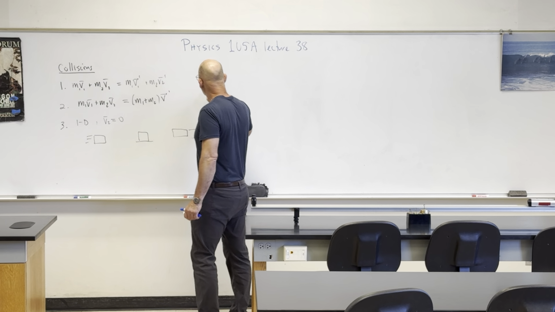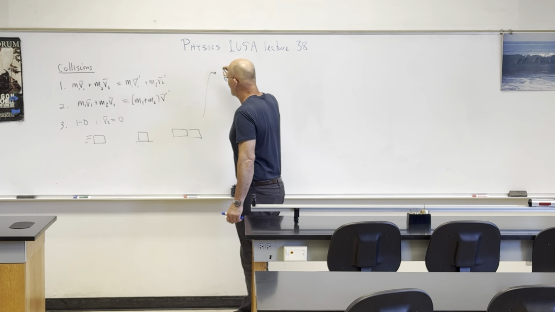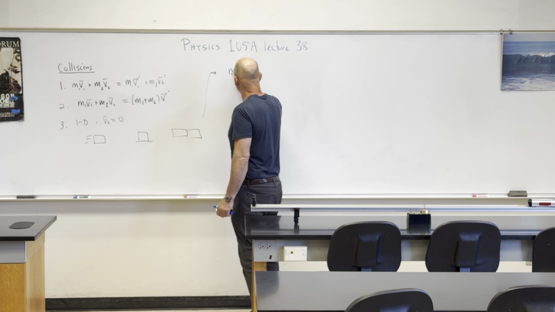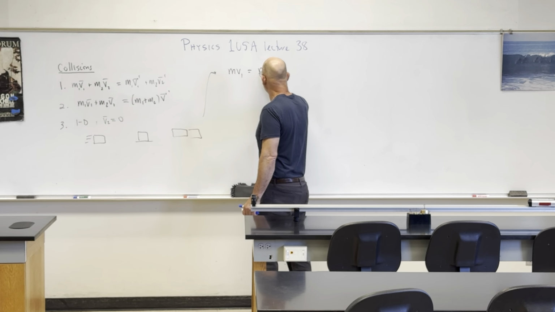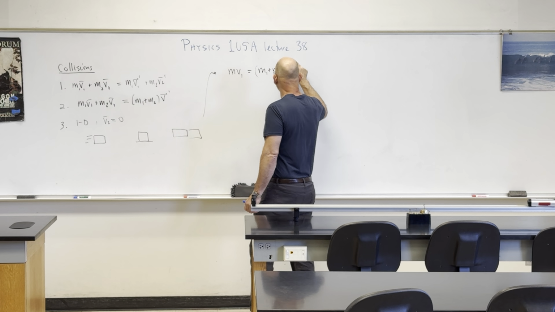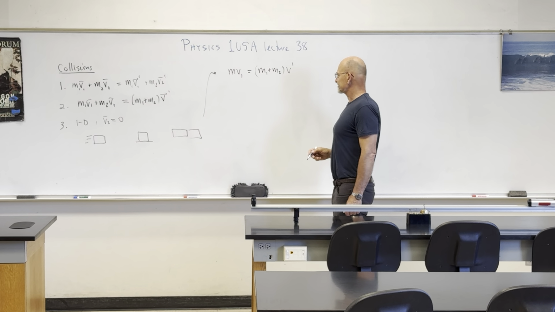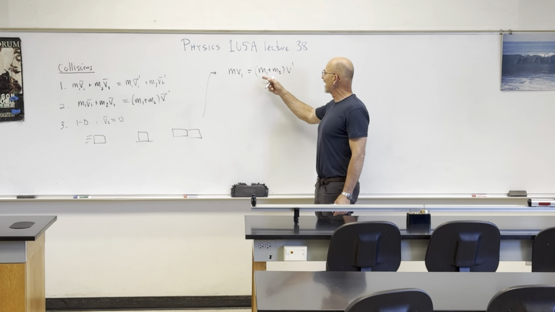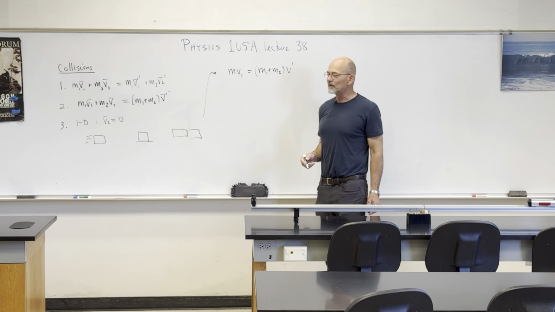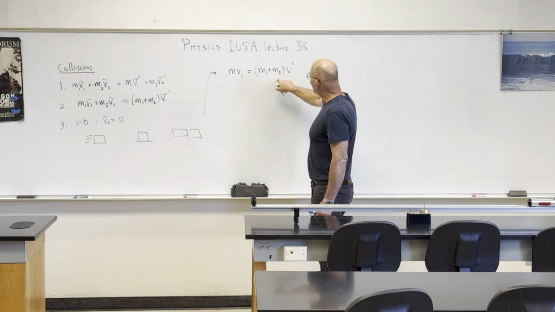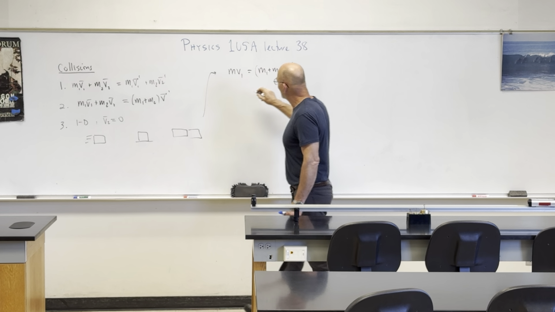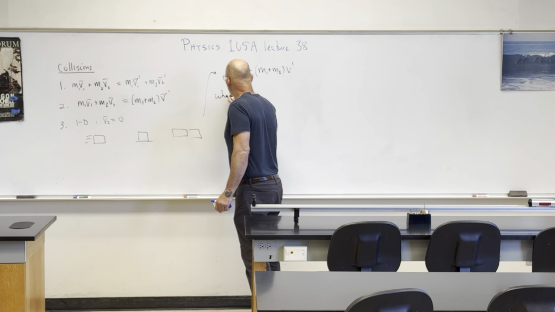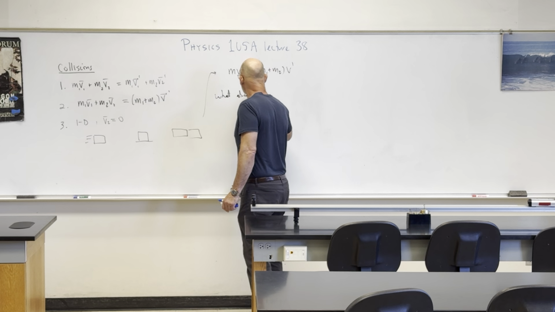So when you do this one, you have M1 V1 before the collision, M1 plus M2 V prime after the collision. Equal masses, you'll have half the speed after the collision as before. But what about energy for this particular scenario?